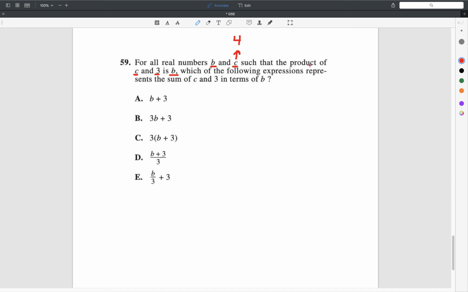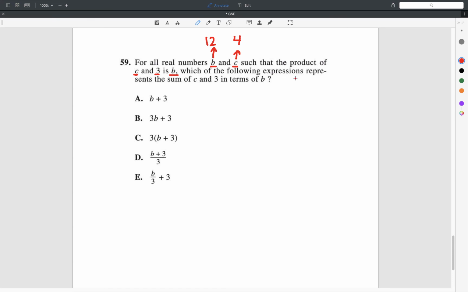Well, we know that the product of c and 3 is b. So we can't just choose any number for b now. We have to actually just choose 12, because it says the product of c and 3 is b, and we chose 4 for c. So that's a situation we just have to kind of go with that number.